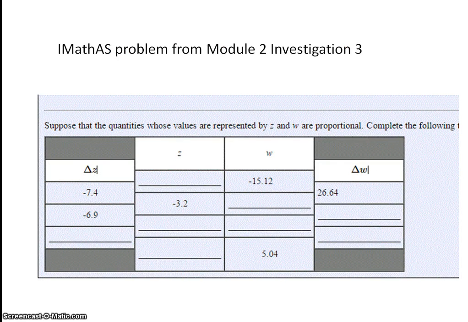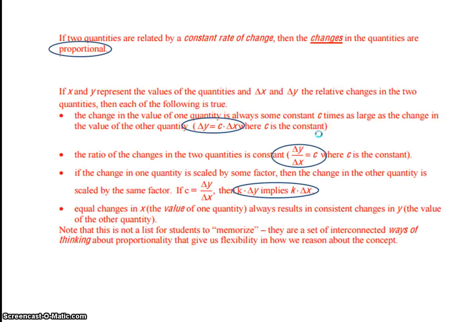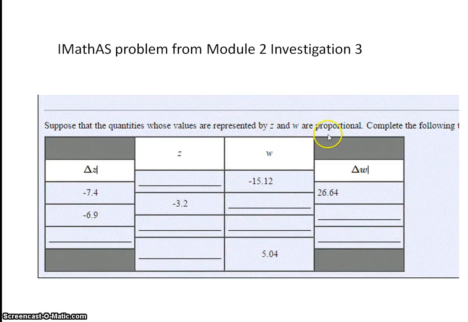Okay, so back to our problem. Again, we're given that Z and W are proportional. That's different than what we talked about here, where changes were proportional. But the description of proportionality in these three circles here we'll use with this given information, Z and W are proportional. Hang on to that idea one moment.